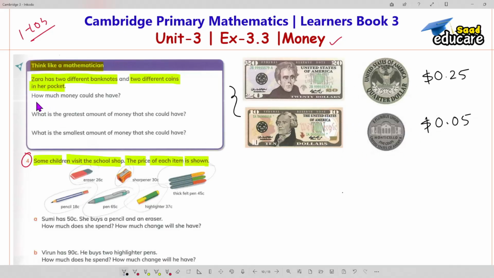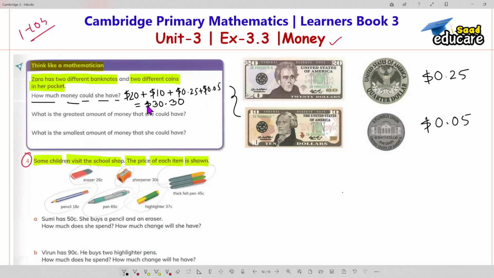Our first question: how much money could she have? So here is $20 plus $10 plus 25 cent and finally 5 cent, right? Once we add, 20 plus 10 is $30, and 25 cent plus 5 cent is 30 cent.